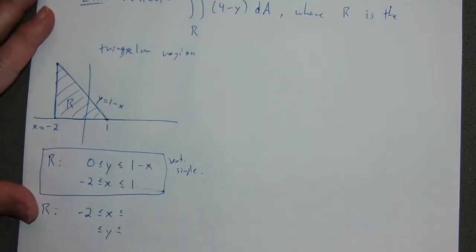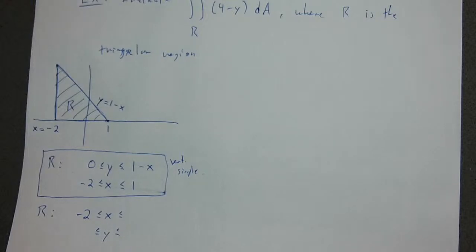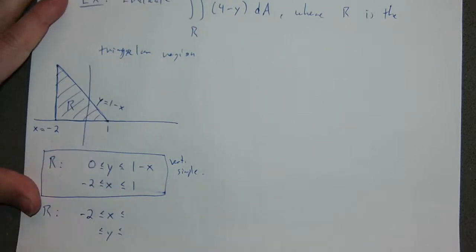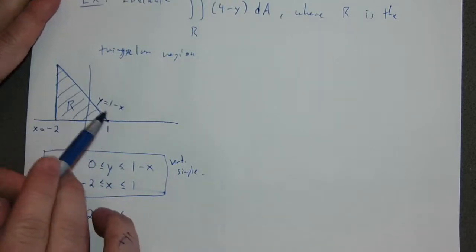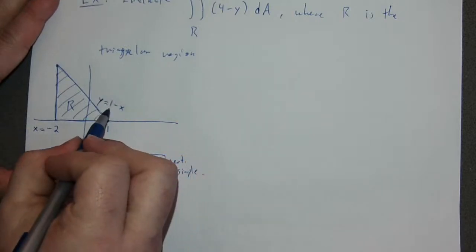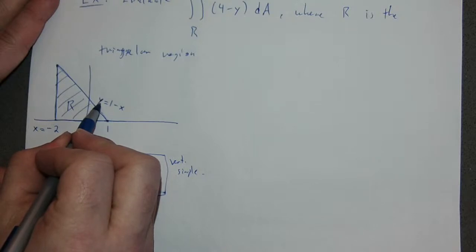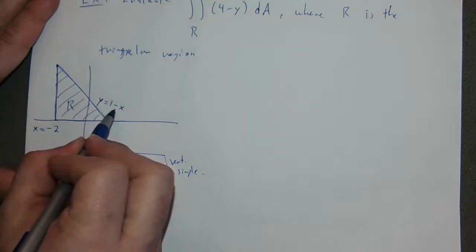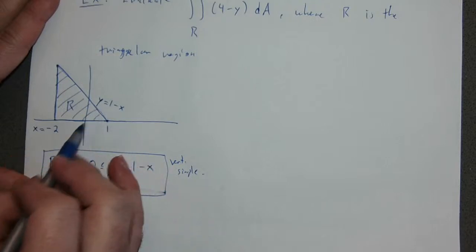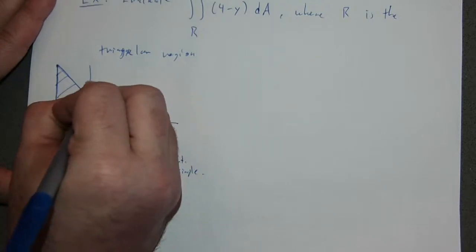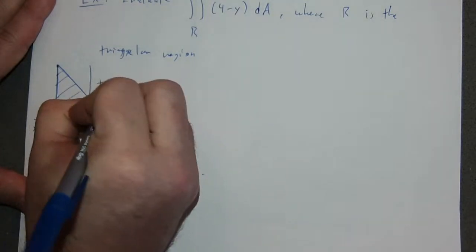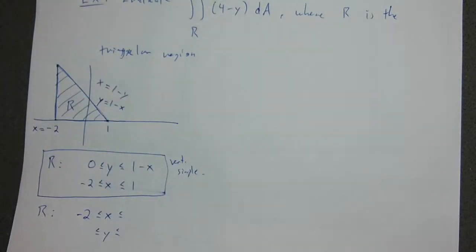Because it's just a linear thing, solving for this as a function of y is pretty simple. If I subtract 1 from both sides, I get y minus 1, and then I'd have minus x is equal to y minus 1. So multiplying both sides by -1, I could also write this as x equals 1 minus y. Okay.